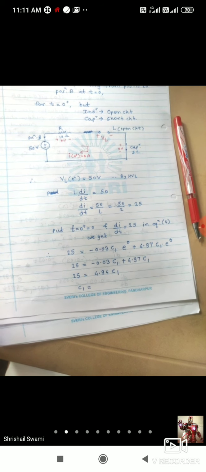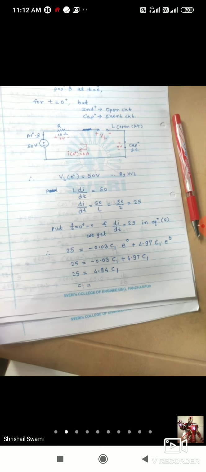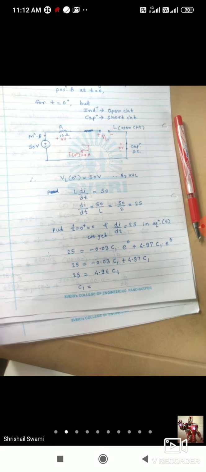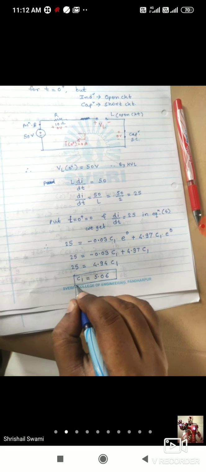Do 25 divided by 4.94. 5.06. So C1 answer you got 5.06.